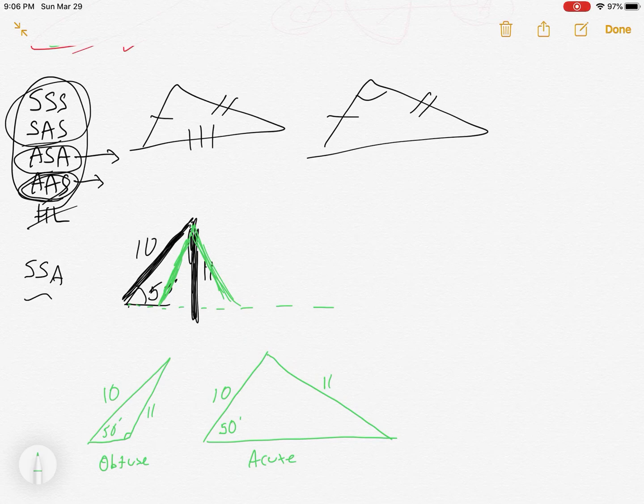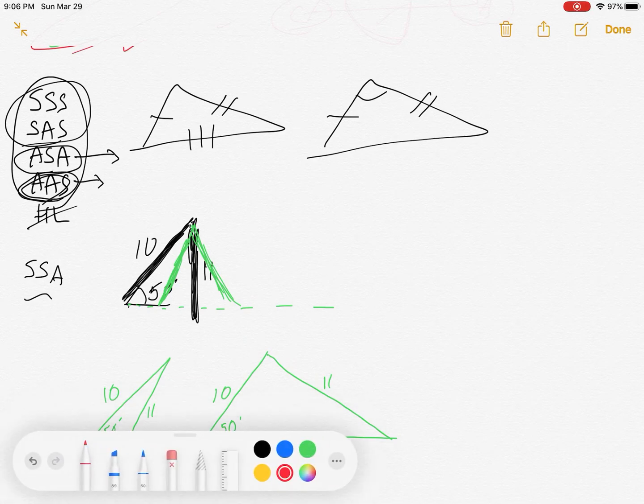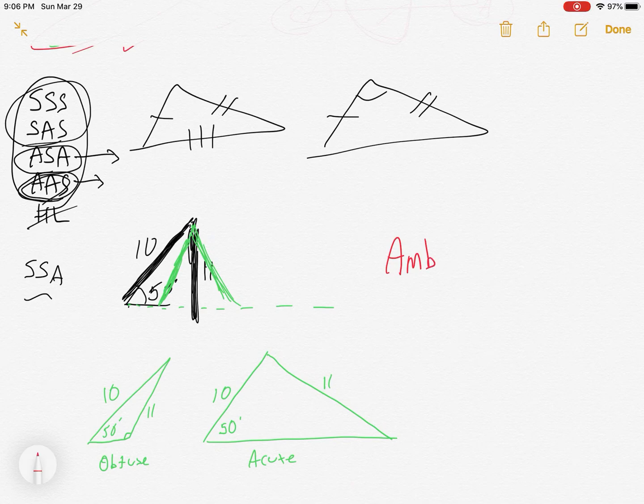So we call this, it's a really fun name. This is how I learned this word. See if I can spell this right. Ambiguous case. Ambiguous means not clear. So if you have a fixed side, and angle is not included, it's not clear what your triangle is going to look like.